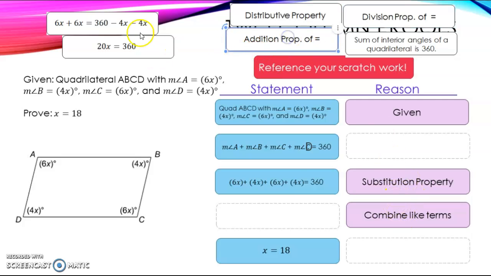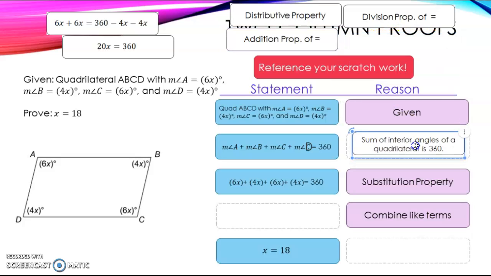I can see that I have more options here than what I need to put into the proof. But why do those angles add up to 360? It's because the sum of the interior angles of a quadrilateral is 360. If you didn't know that, just like how the sum of the angles of triangles is 180, there's an interesting property of quadrilaterals where they add up to 360.